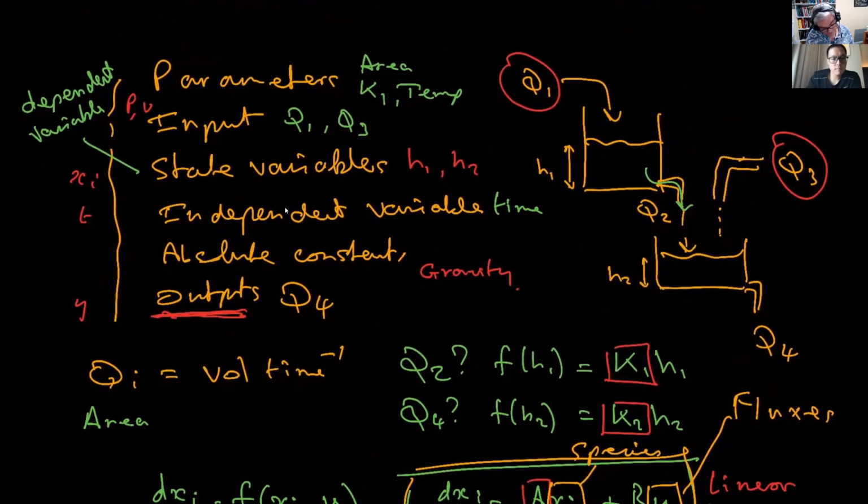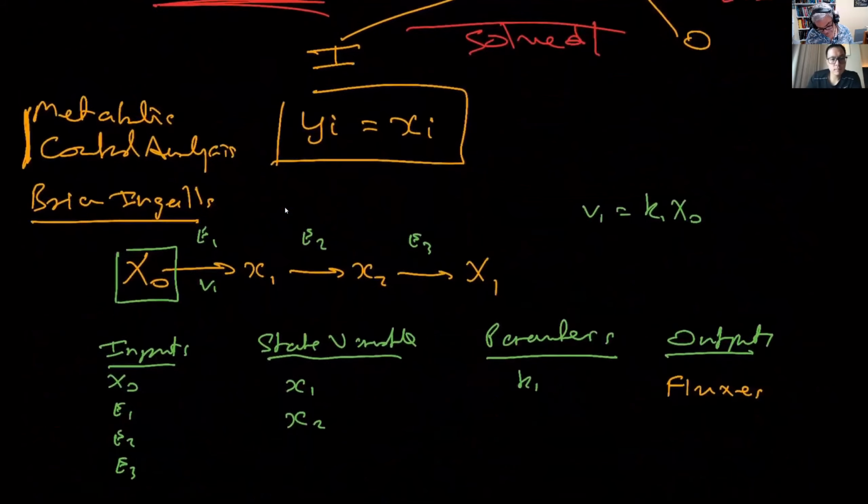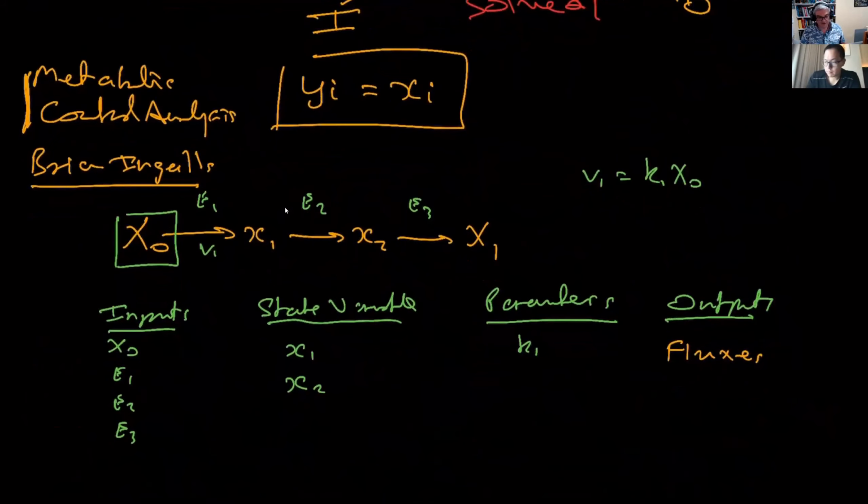Absolute constants, where we have those two. The outputs became the fluxes. That was really nice when he linked the two fields completely together and showed that the outputs in classical control theory were the fluxes in metabolic control analysis. Anything else was the same. We had the inputs, which was their u. We had the state variables, which was their x. And we had parameters, and whatever symbol they use for parameters.